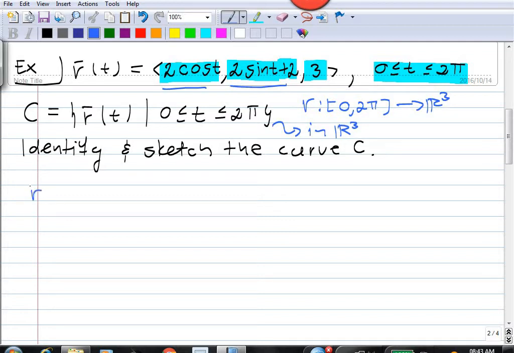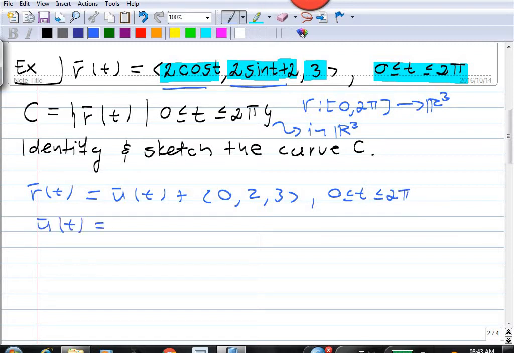So let's see, we can write our vector function r of t as vector function u of t plus 0, 2, 3. And what is our u of t? Well, u of t is 2 cos t, 2 sin t, 0.